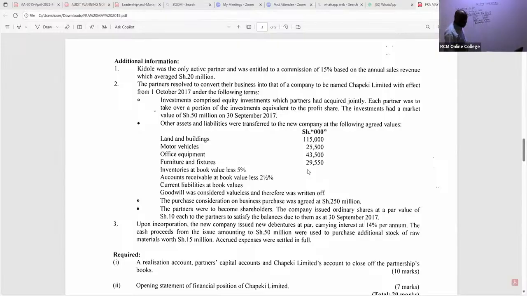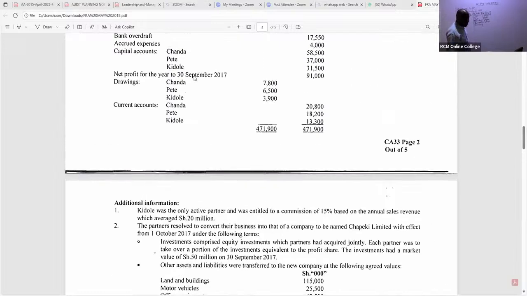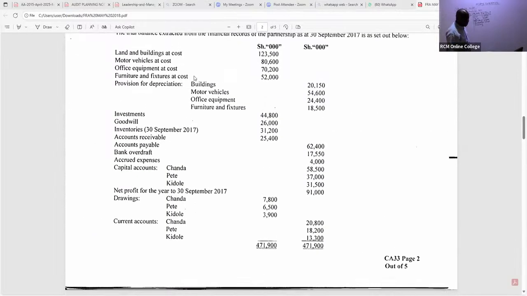Here we also took inventories. You can see inventories, book value less 5%. So now we are taking the new values. The book value of inventory is 31,200.